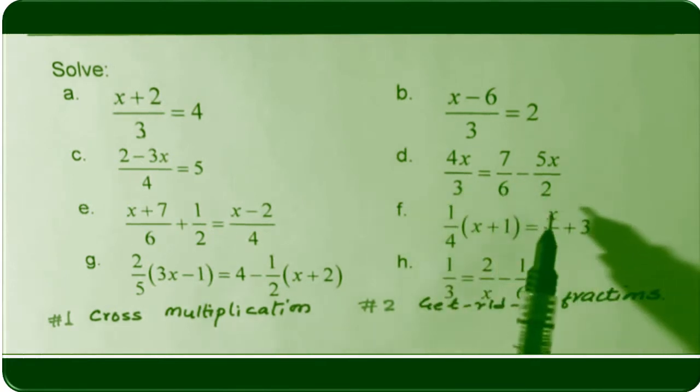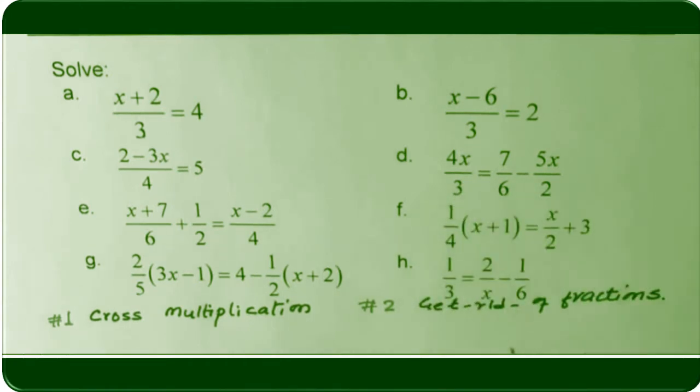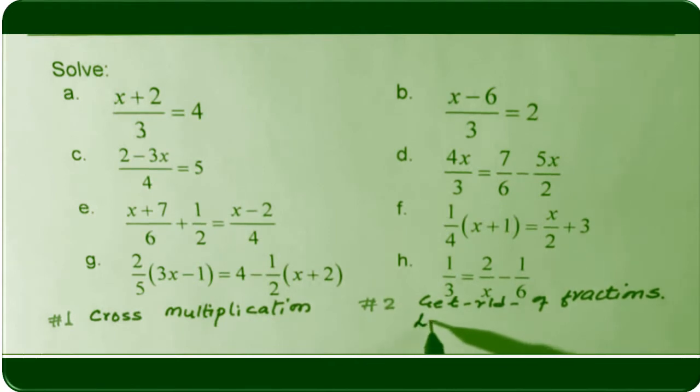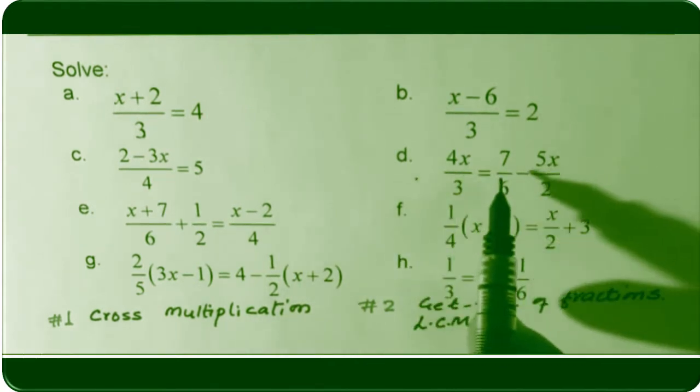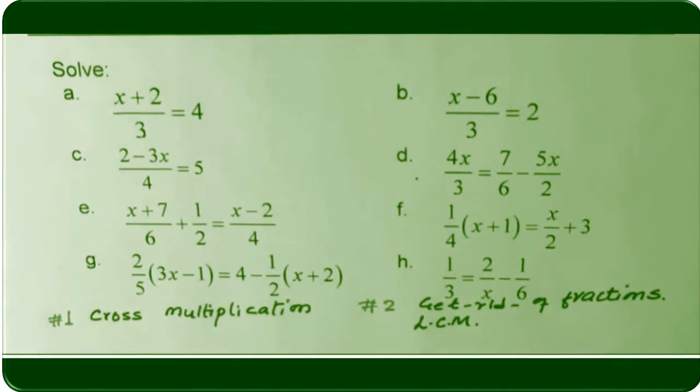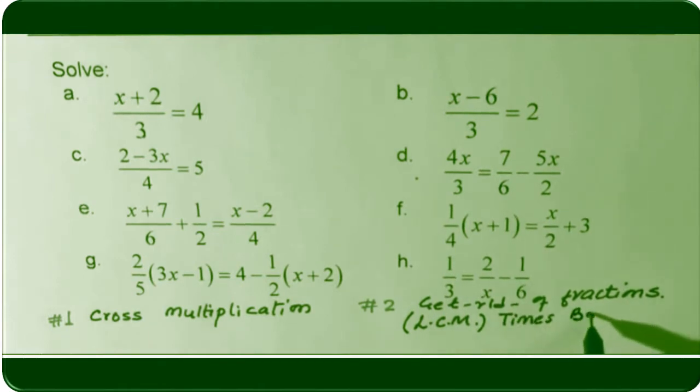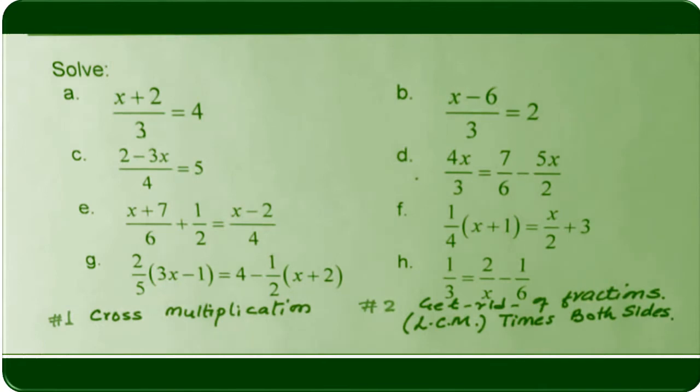Here, how do we get rid of fractions? In this case, we will look for the LCM, lowest common multiple, and multiply both sides by it. So the strategy will be LCM times both sides, and then we will solve as a linear equation without fractions.